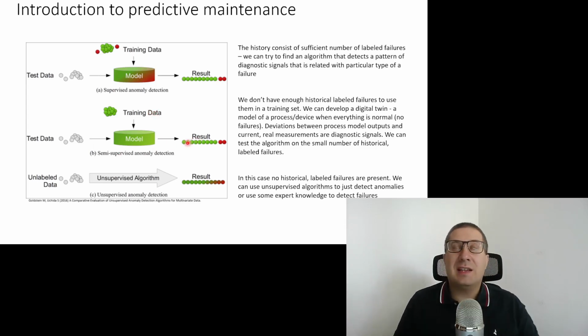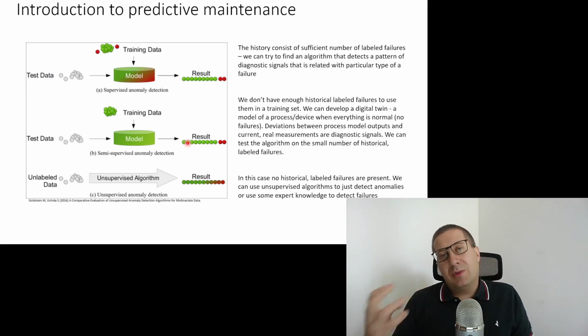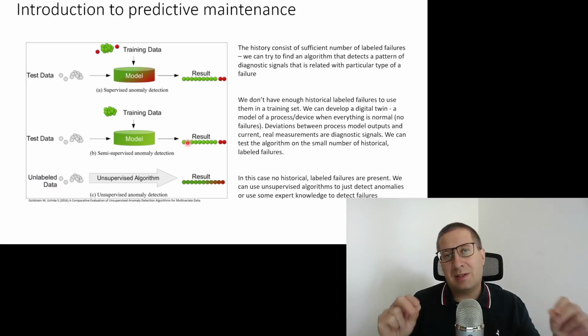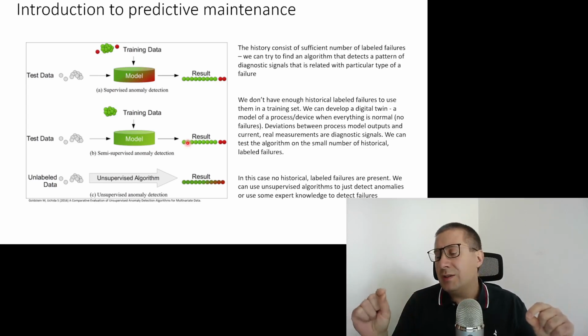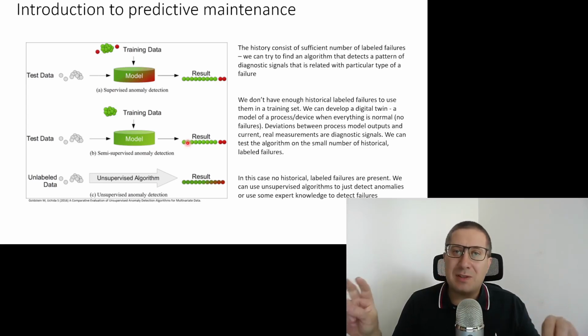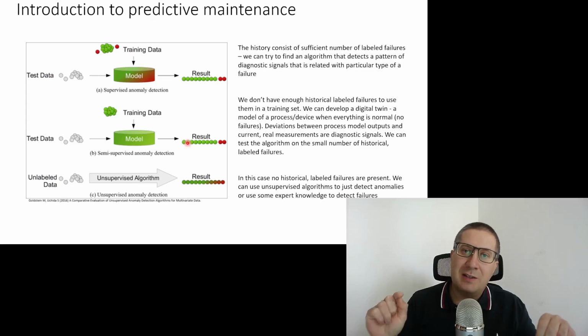The majority of this data comes from normal operation, and we can use this data to create the model of normal operation, this digital twin, where we can select some crucial parameters that can help us to detect a particular type of failure. I call them traps for a particular type of failure.